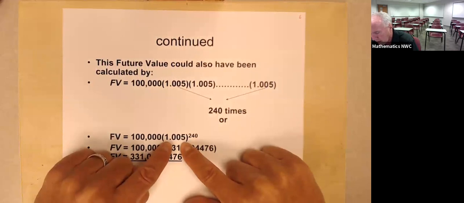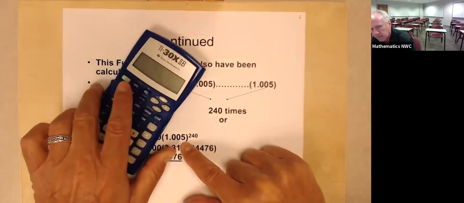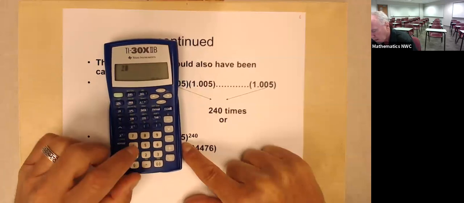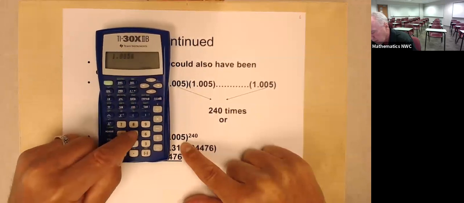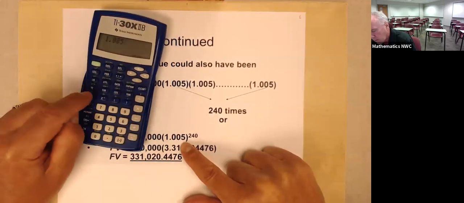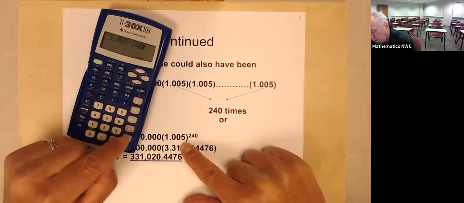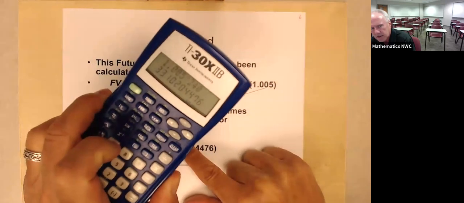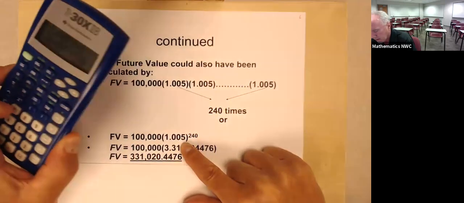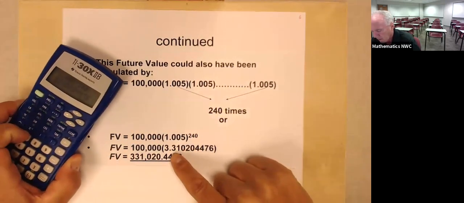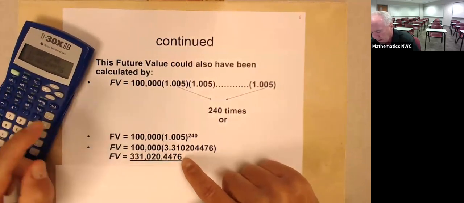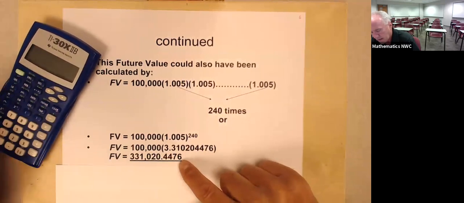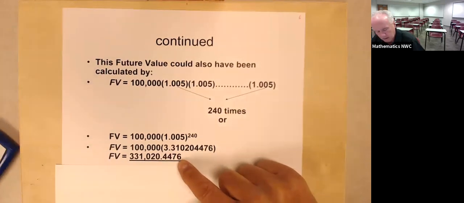We just punch it into the calculator. 1.005, that's this number, raise it to the power 240, hit enter, and you can see I get that 3.3102 that I have right here. Don't round anything off, take it times 100,000, and that's where we get that final amount.